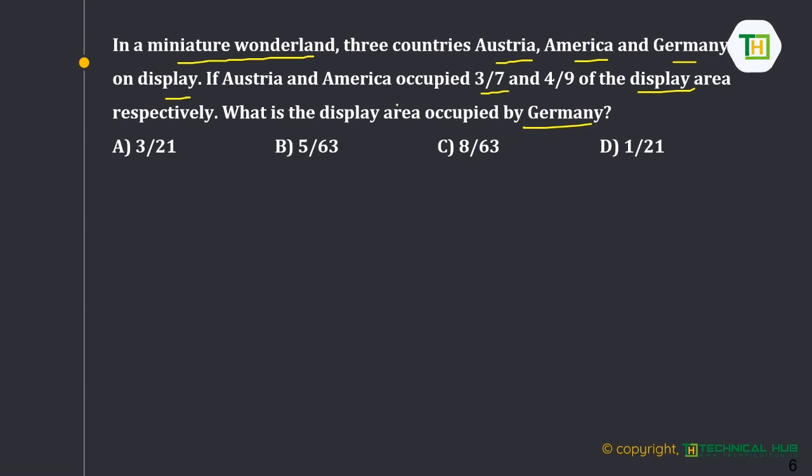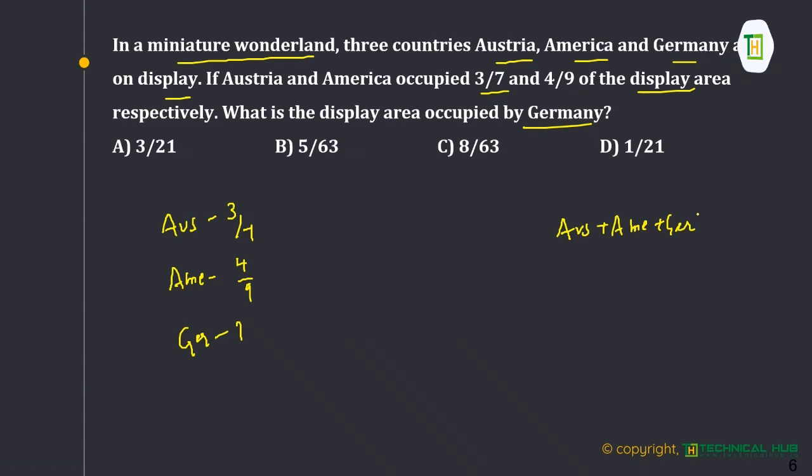The given data is that Australia occupies 3/7 of the display area and America occupies 4/9, and they are asking what is the area occupied by Germany. We don't know the total display area, so we need an assumption to solve this type of question.